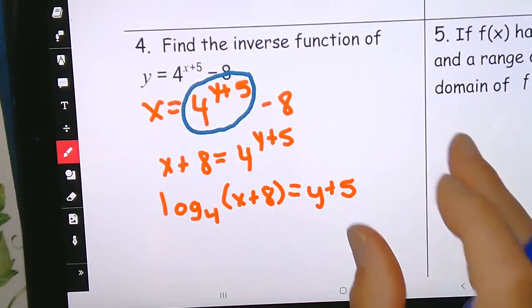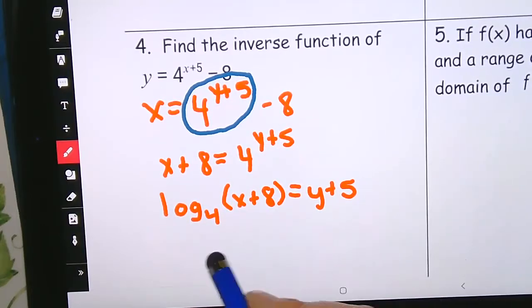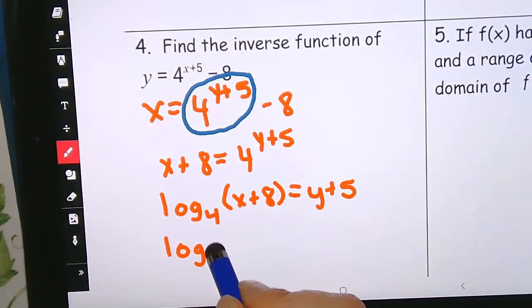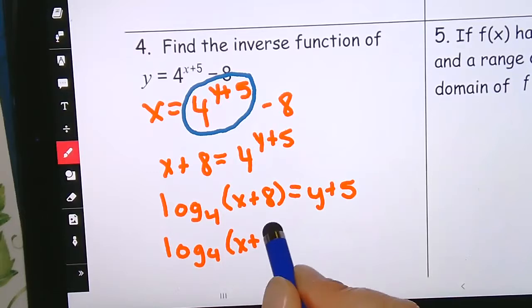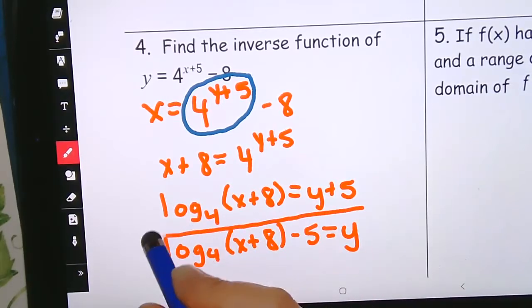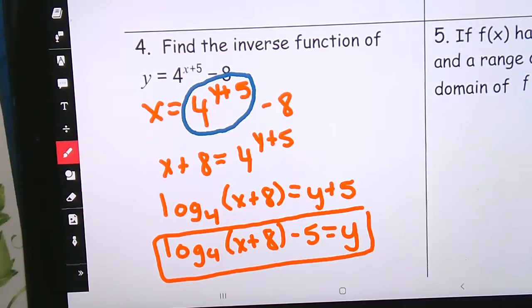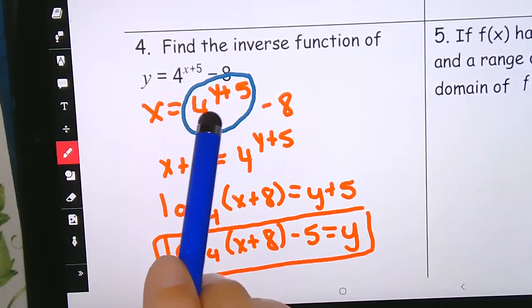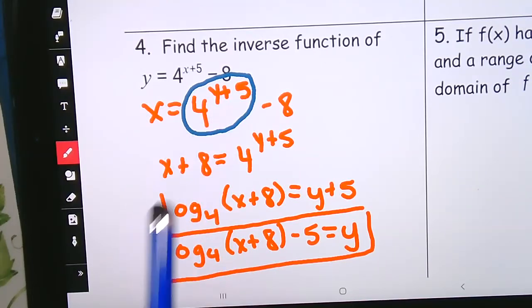The last thing I'm going to do is minus the 5. So I'm going to get log base 4 of x plus 8 minus 5 equals y. And there you go. So the inverse of an exponential should be a logarithm. Get your base to a power by itself, then rewrite it in logarithmic form.